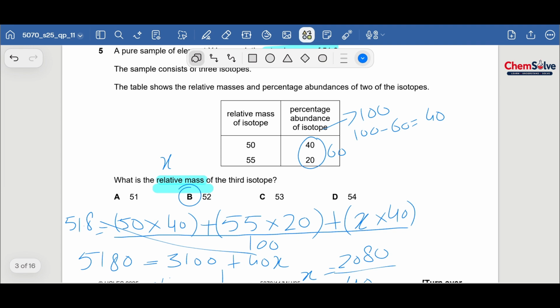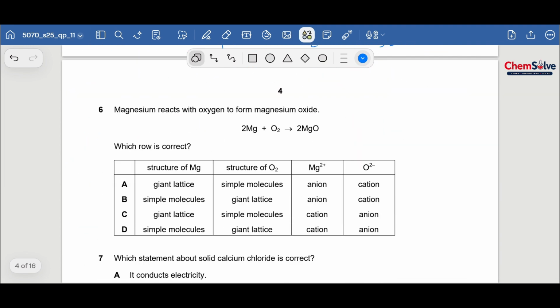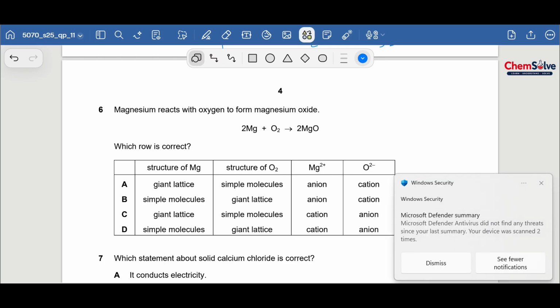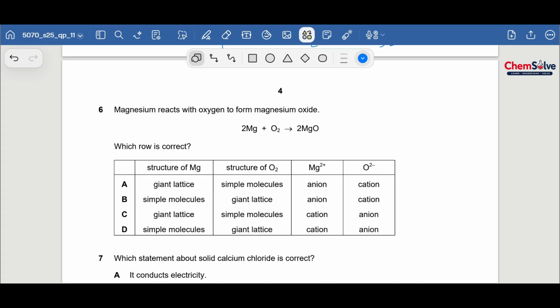Okay. Let's move to the next question. Magnesium reacts with oxygen to form magnesium oxide. Which row is correct? Structure of magnesium, structure of oxygen, and Mg positive 2 and O minus 2.